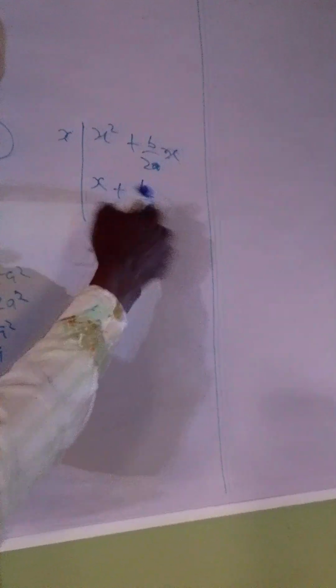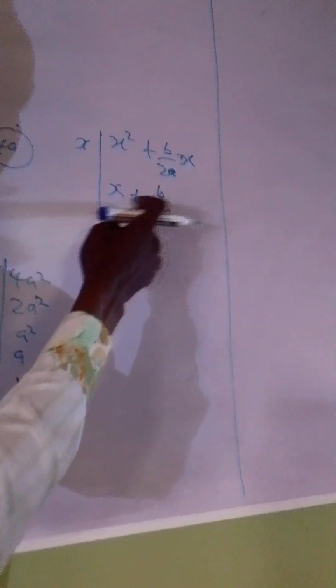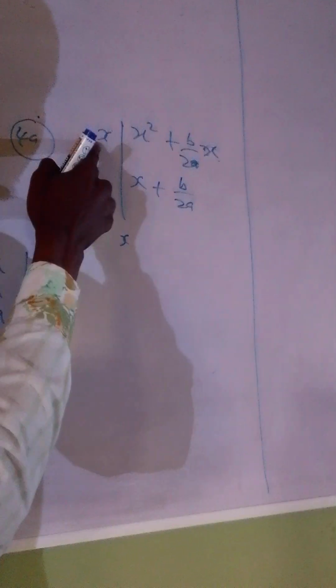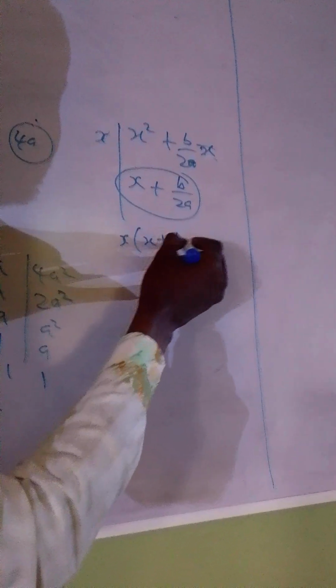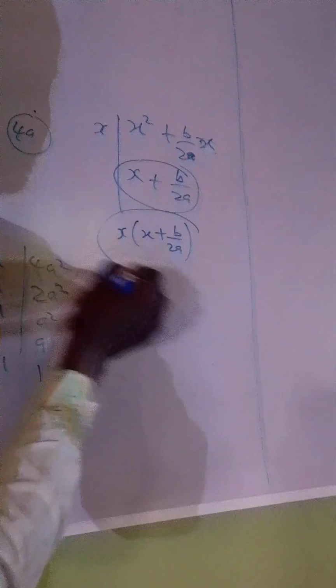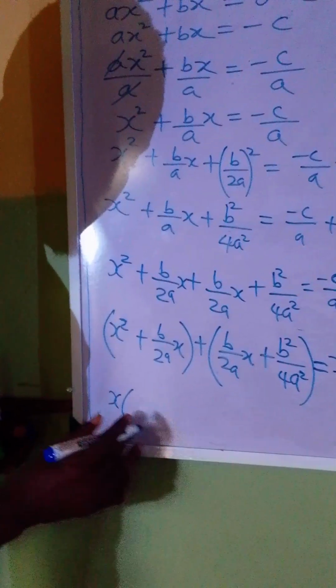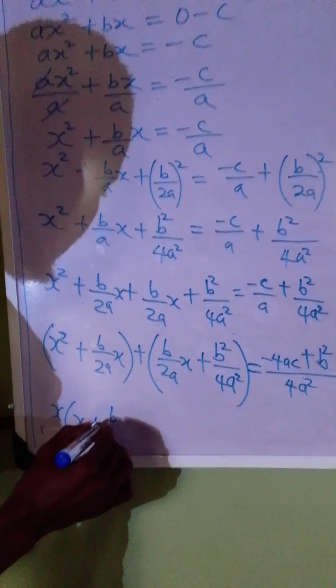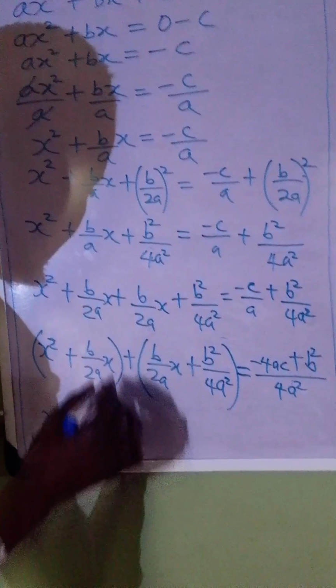So nothing can divide this remainder again. So our HCF is x. Then put the remainder in bracket, x plus b over 2a. So bring all of this back to your work. So you have x bracket x plus b over 2a.